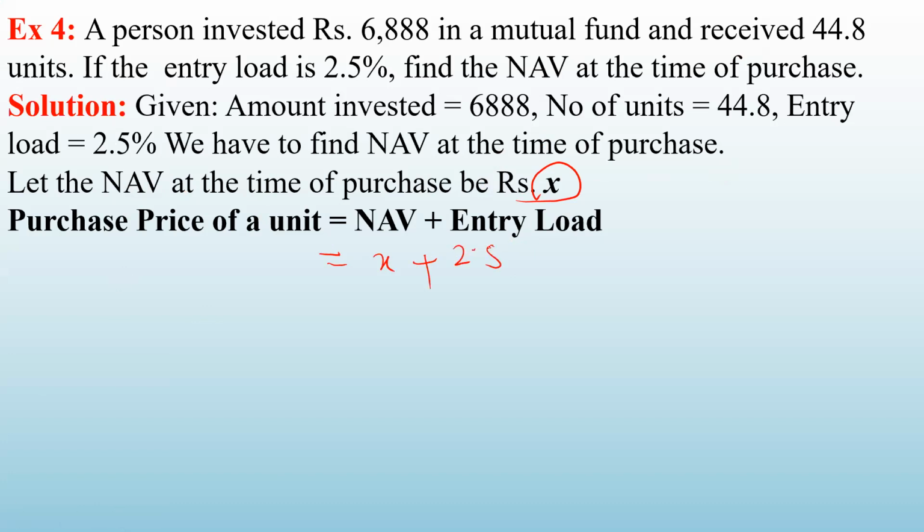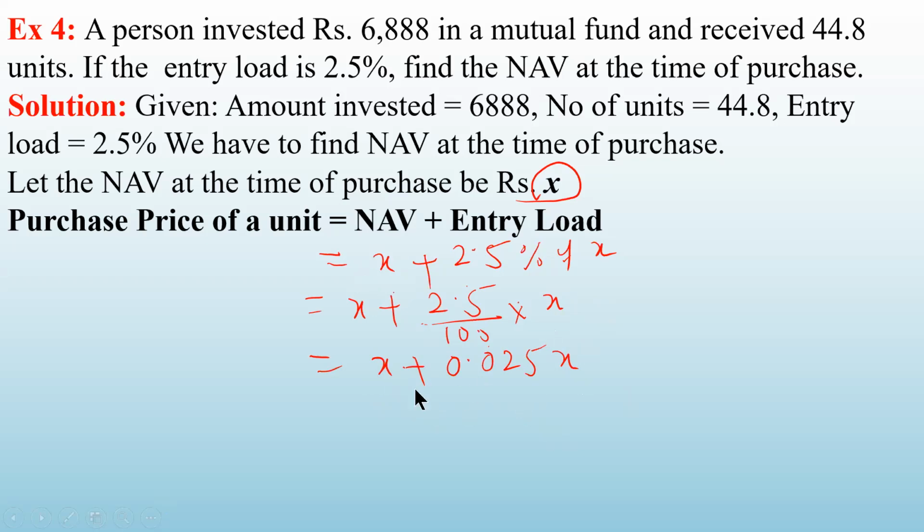It is 2.5% of NAV, and NAV is X. So it is X plus 2.5% of X. So 2.5 upon 100 of X. Don't get confused. Here, X is in place of the NAV number because NAV is not given, so we are calling it X. So it is X plus 2.5 divided by 100, which is 0.025, times X.